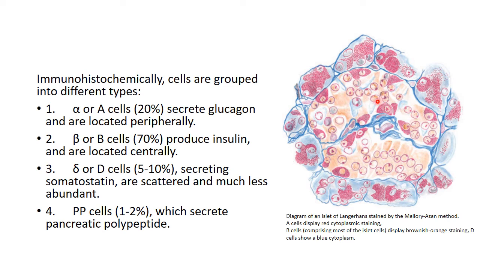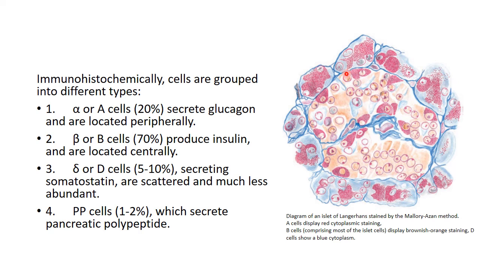The importance of these cells is that they secrete insulin. The other type of cell is the alpha cell, and they secrete glucagon, and they are found in the periphery of the islets.